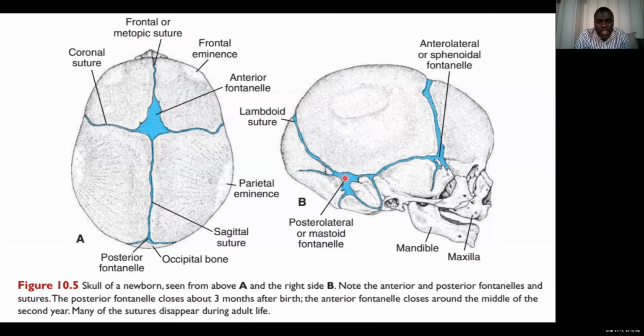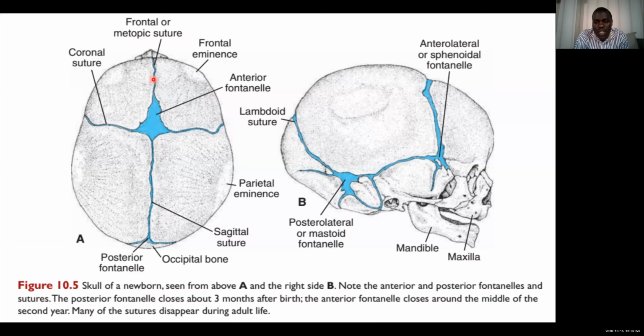Apart from fontanelles, another difference between the skull of a neonate and that of an adult is the presence of this suture here. We call it the metopic suture. The metopic suture is not present in the skull of an adult, but it is present in the skull of a neonate.